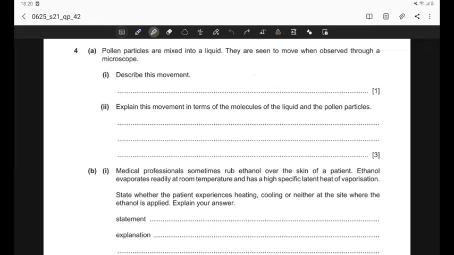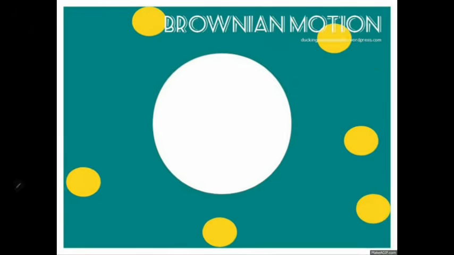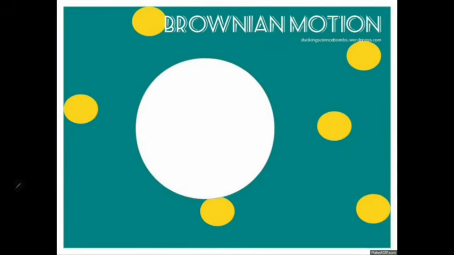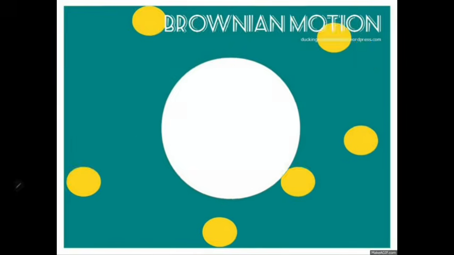Question 4, Part A. Pollen particles are mixed into a liquid. They are seen to move when observed through a microscope. Part 1. Describe this movement. So here we can see how the pollen grains move in liquid, where this white circle represents the pollen grain.